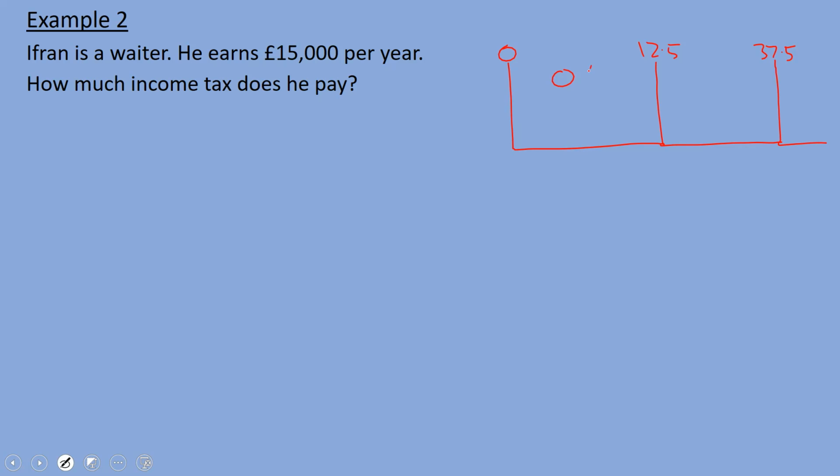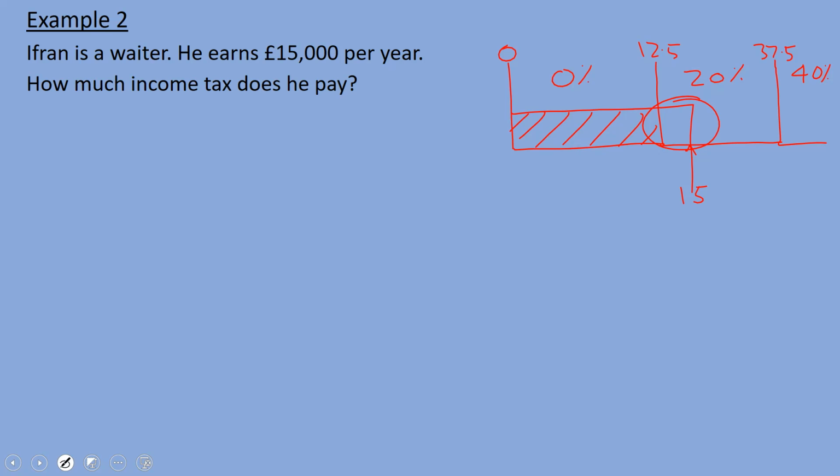Then we've got 0% here, 20% here, and 40% here. So Ifran, 15,000 about here. So here's Ifran's wages. Again, this section here is tax-free, so he's only paying tax on this area here.